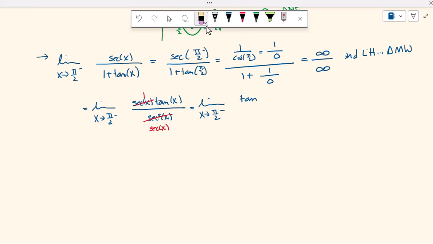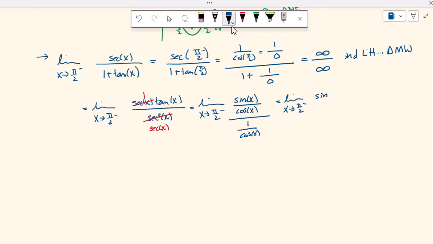Actually, I'm going to rewrite that. Tangent is sine over cosine. Now secant down in this denominator is 1 over cosine. So remember, when you divide by a fraction, you're multiplying by the reciprocal of the overall denominator.